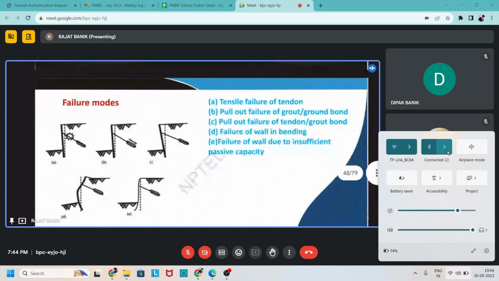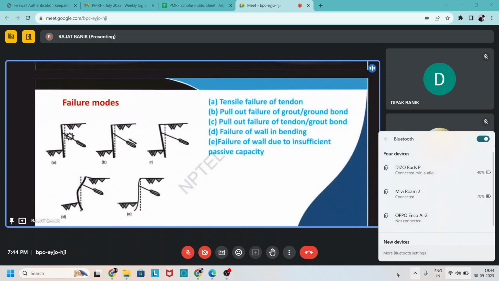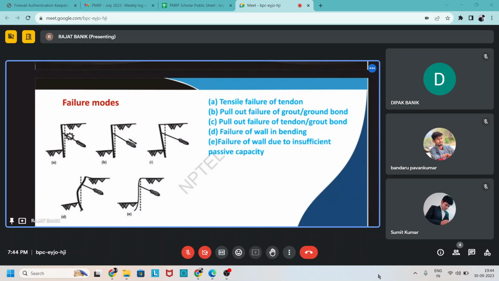And now we discuss the different failure modes. The ground anchor can also fail in different ways, similar to the soil nail. The first one is tensile failure of tendons.